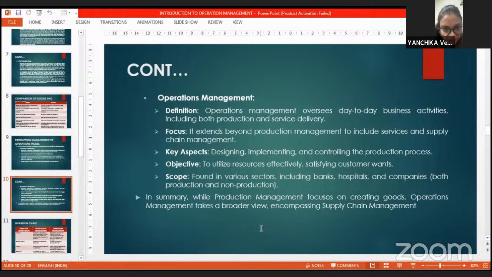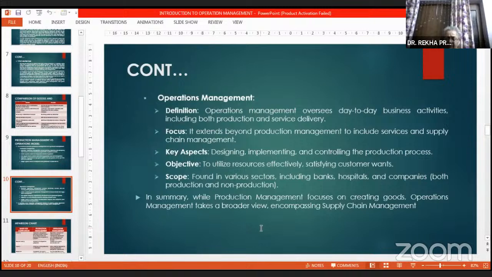In summary, while production management focuses on creating goods, operations management takes a broad view, encompassing supply chain management. So right from where you get the raw material to the final delivery to the consumer, the whole thing is taken in operations management. Production management generally focuses more on producing something.